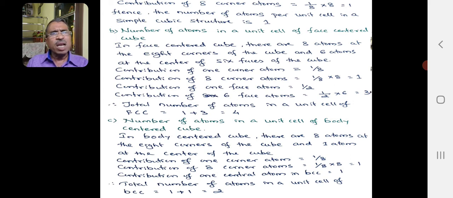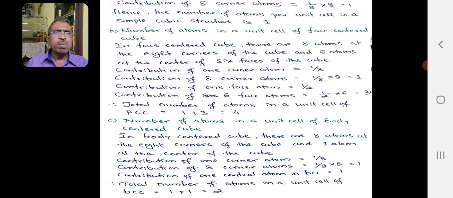Now, let us calculate the number of atoms in a unit cell of a body-centered cube. In a body-centered cube, there are 8 atoms at the 8 corners of the cube and 1 atom at the center of the cube. Hence, the contribution of one corner atom is equal to 1 by 8.